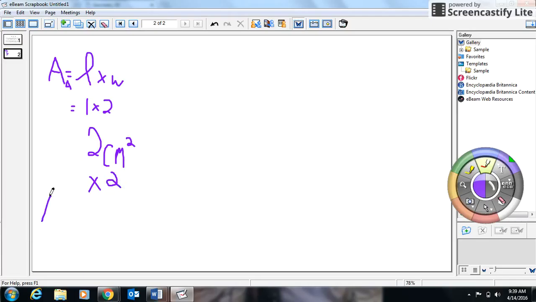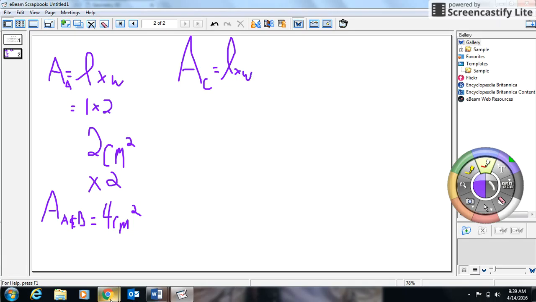So I know the area of A and B is actually equal to 2 times 2, 4 centimeters squared. Now I've got to figure that out for area of, let's pick C, is equal to length times width.